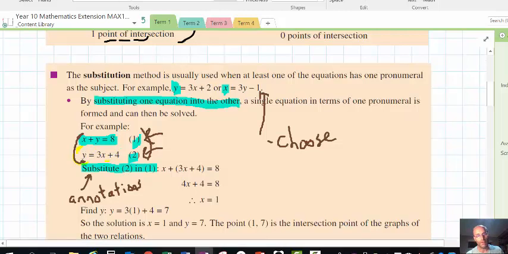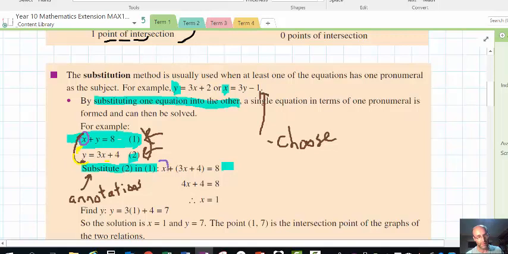We can see that happening here. So writing equation 1, they've rewritten it just here. You can see all the parts.